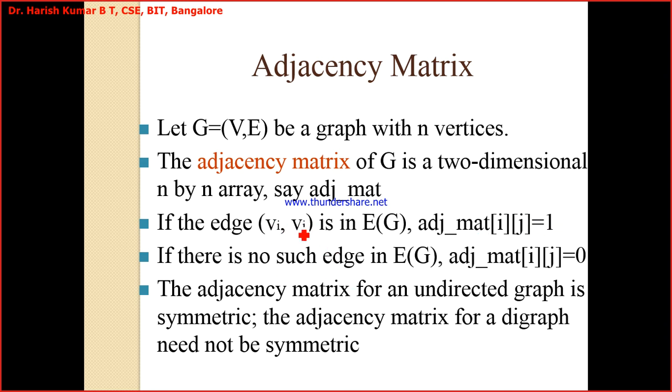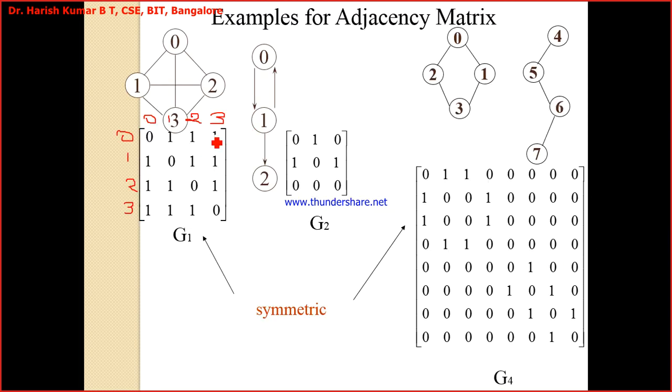If there is no such edge between Vi and Vj, then the corresponding element inside the adjacency matrix is 0. Here 0 to 0, since there is no self loop for 0, we write it as 0.